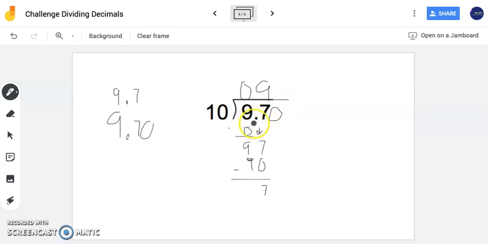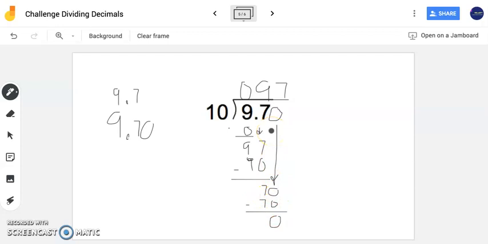So now I rewrote 9 and 7/10 as my dividend to 9 and 70/100. So now let's see if I can eliminate that remainder. So I'm going to bring down my 0. And now I have 10 times 7 gets me to exactly 70. And now I'm left with no remainder, which is telling me I'm finished with this problem.